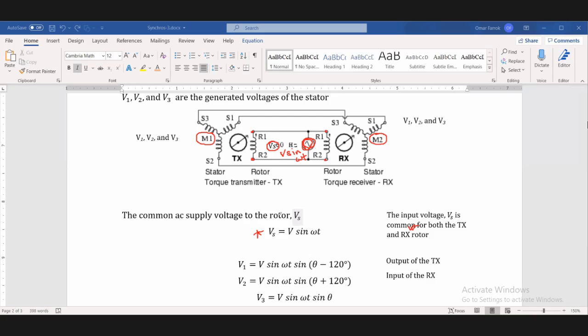The common AC supply voltage to the stator VS is equal to this, and this is V sin omega t.